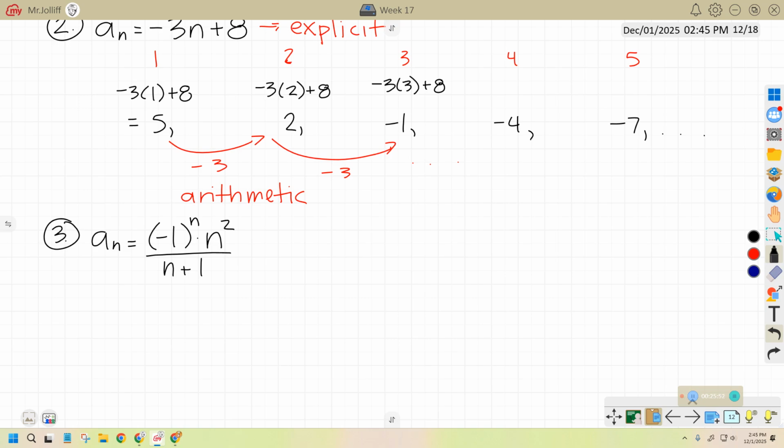You can check with your neighbors if you need to. Recursive or explicit? You got to vote for recursive. Can I get a thumbs up if you agree with recursive? I see 1 thumbs up, 2 thumbs up, 3 thumbs up. I say it's explicit. But how do we know?